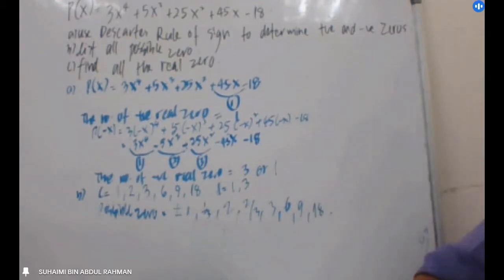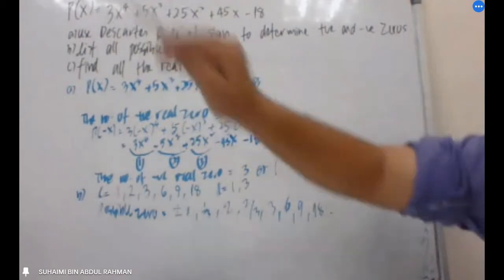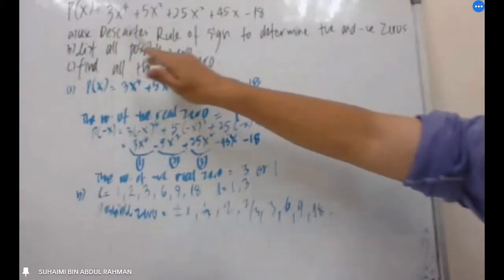When we talk about multiplicity, the example I showed you was multiplicity 2, but you may have multiplicity 3, multiplicity 4. This one is very important.